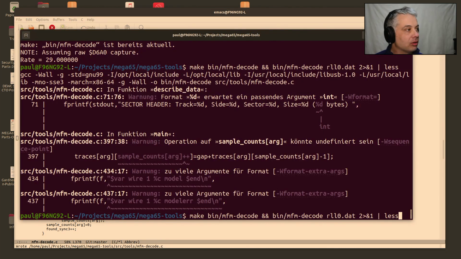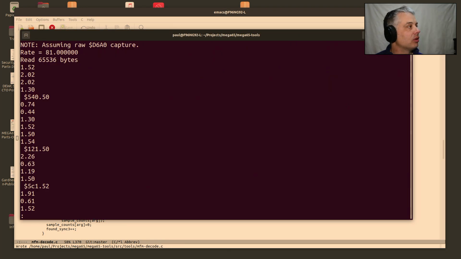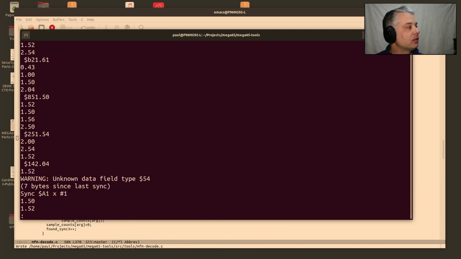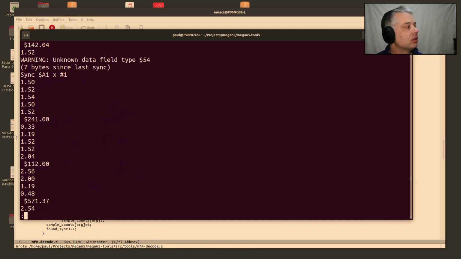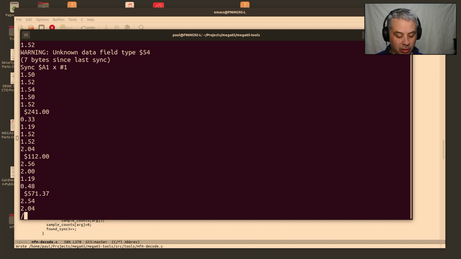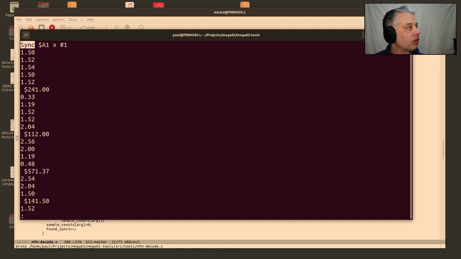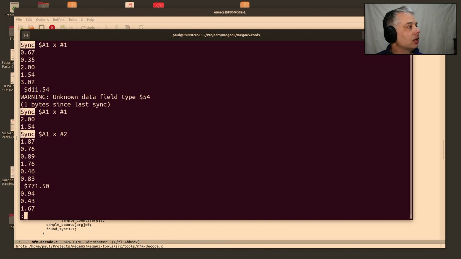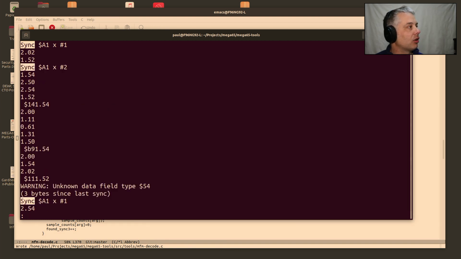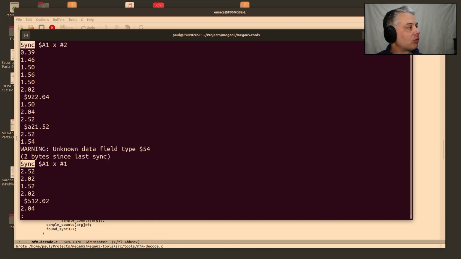So what we need to do with this is modify it so that when it finds the track information block, it will switch to the encoding and data rate described in there.